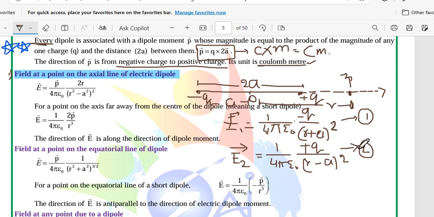Then the net electric field at point P due to the dipole becomes E2 minus E1. This is E net.